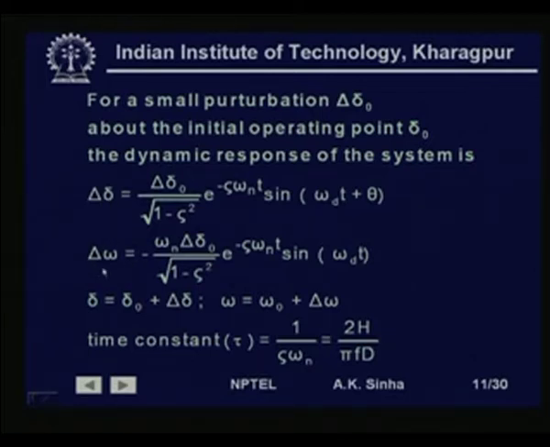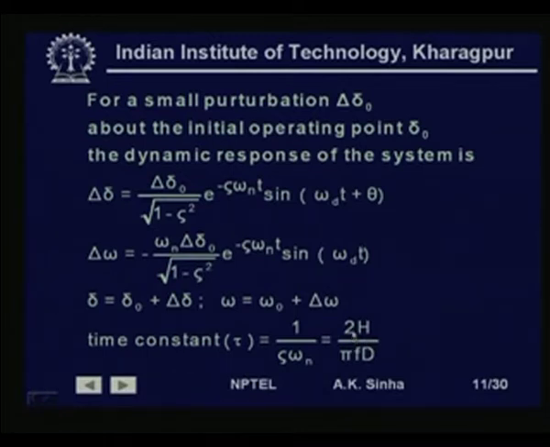Similarly, the change in frequency, that is delta omega from omega 0, is given by minus omega n into delta 0 divided by root over 1 minus zeta square e to the power minus zeta omega n t into sine omega d t, and the delta at any time t for t greater than 0 is given by delta 0 plus delta, where delta is given by this relationship, and omega, that is frequency at any time t greater than 0, is given by omega 0 plus delta omega, and the time constant for this oscillation is given by 1 by zeta omega n, which is equal to twice H by pi f D.